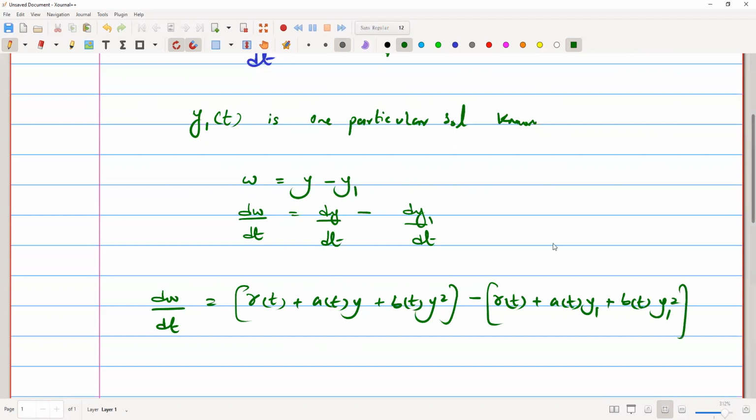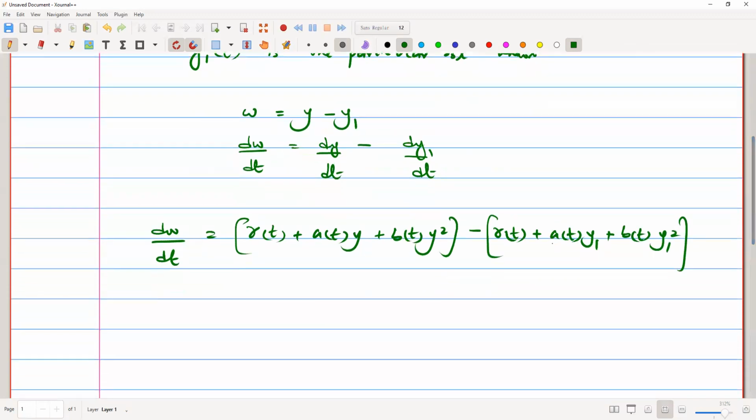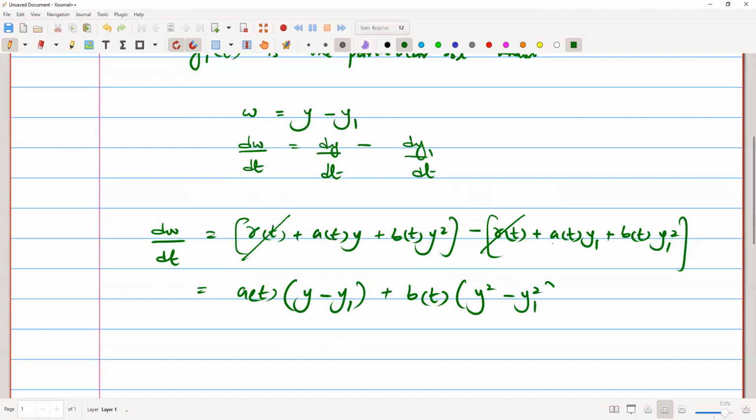So we can use this way to solve these equations. Now we can see here that r of t and r of t from here and here cancel with each other, and we are left with a of t times y minus y1, and then plus b of t times y squared minus y1 squared.